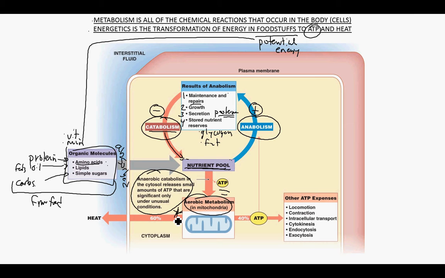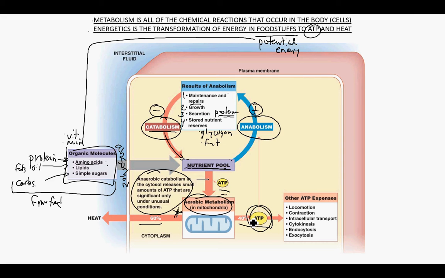So the amino acids, the lipids, the simple sugars can enter aerobic metabolism, of which there are 3 phases, 2 of which happen inside the mitochondrion here. So in this aerobic metabolism, of the potential energy that went in, 60% is lost as heat and is not usable by the cell, and then another 40% is used to make ATP.